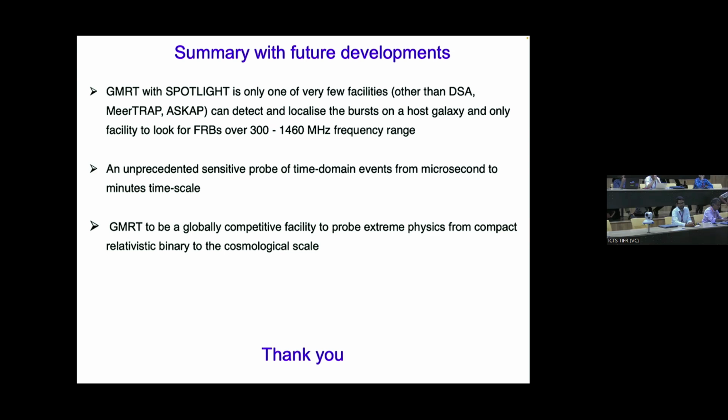So the way we see Spotlight is different. One thing is the frequency coverage, because we are going all the way down to 300 megahertz. So we'll be able to see very low frequency things, and maybe much nearby fainter FRBs. Also, in the DM-z plane there are regions where we'll be able to probe deeper, where much more FRBs are required. So maybe it has a little bit of complementary space to DSA-2000.